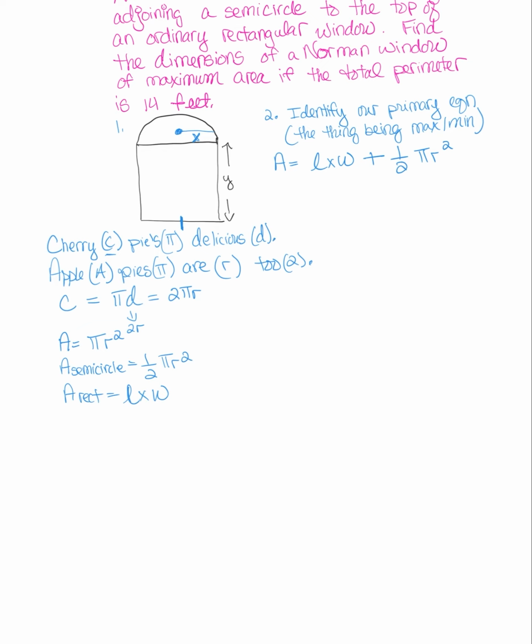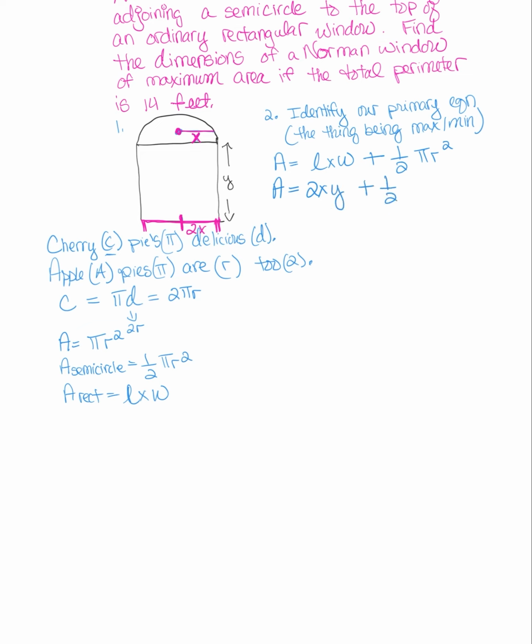Yep. So I'll do this in a different color. This whole thing is going to be 2x, because half of that is 1x. Okay, so we're going to have area equals, our length is 2x, our width is y, and then we have 1/2.